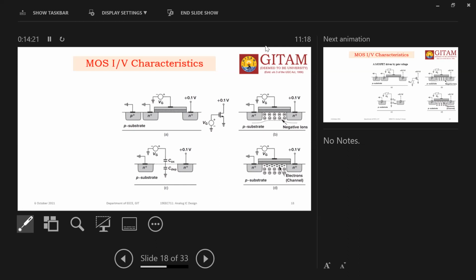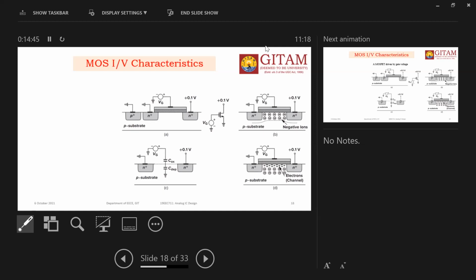The channel between the source and drain must be established by a suitable potential, which must be applied at the gate. So the threshold voltage is the voltage which is required to establish the channel between the source and drain. The amount of voltage required to make the channel between the source and drain is called the threshold voltage.